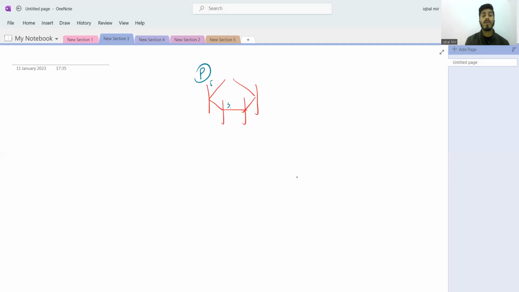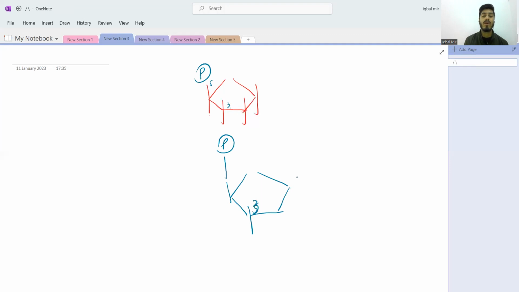So here you can see the phosphate group is present and this is linked to the previous sugar. So I will draw another molecule of sugar here. Again, we have the 5'.